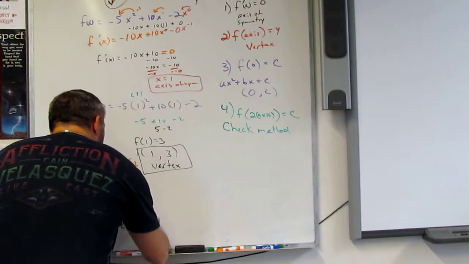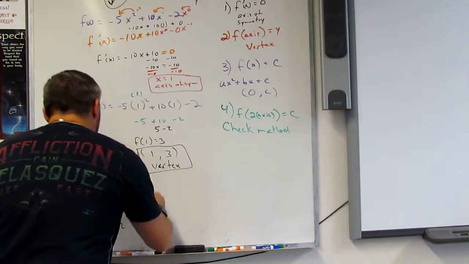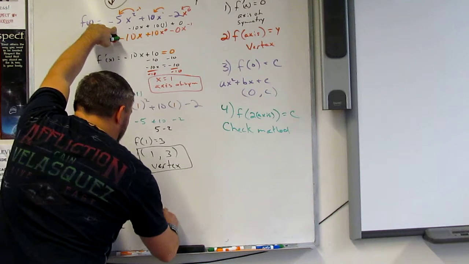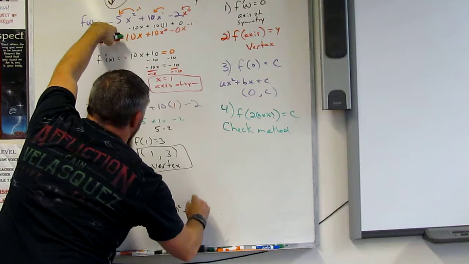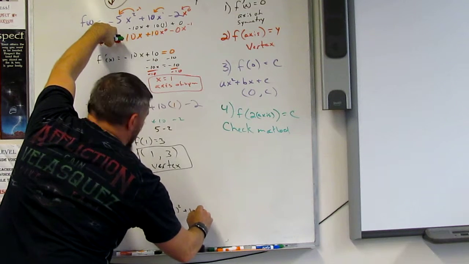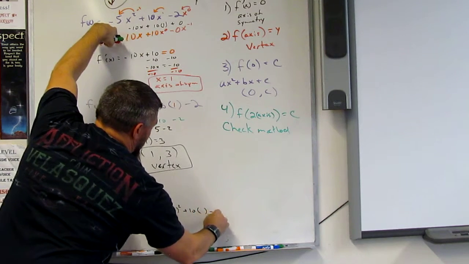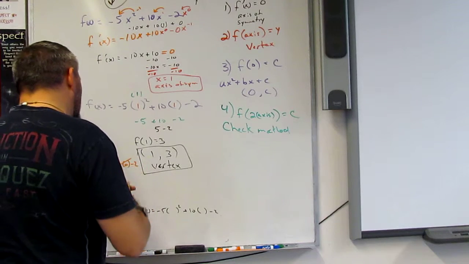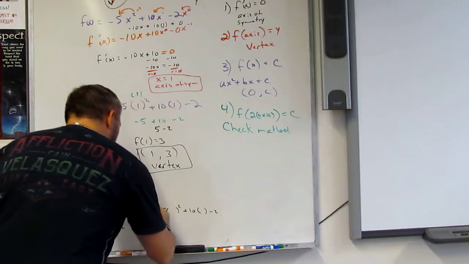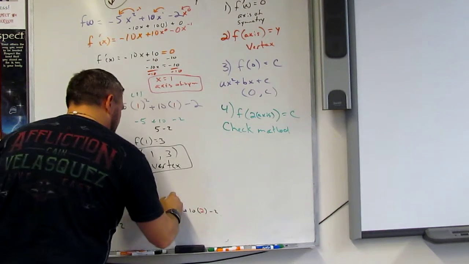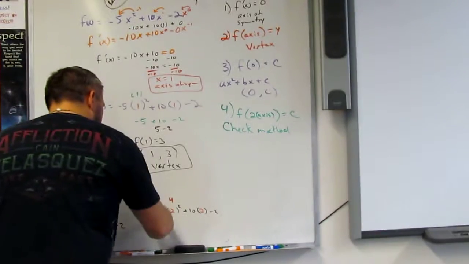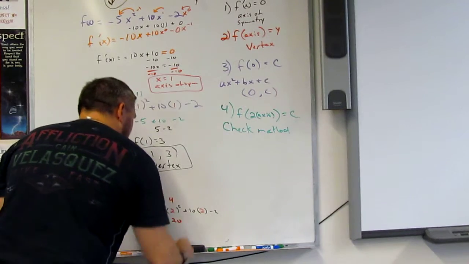So we're going to do f of 2 in negative 5x squared plus 10x minus 2. And so then I want to plug in 2 and 2. And what's 2 squared? 4. And 4 times negative 5, negative 20.